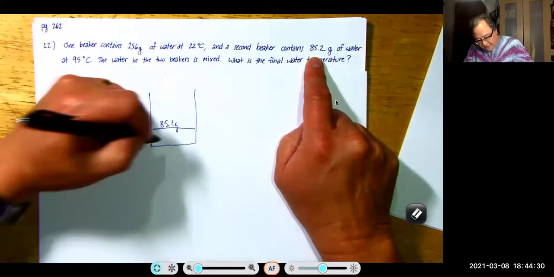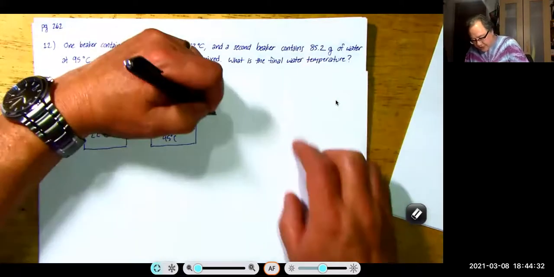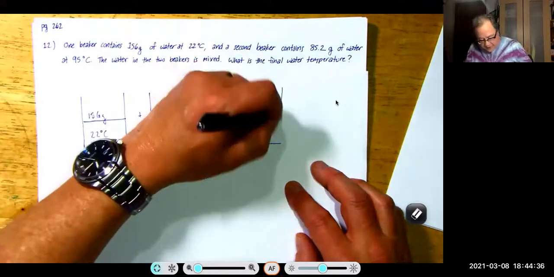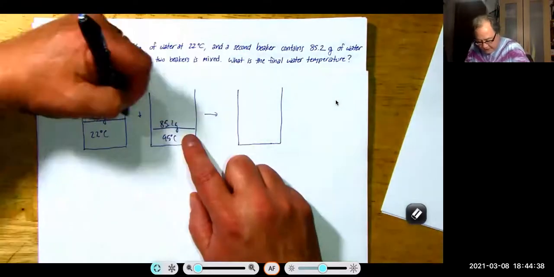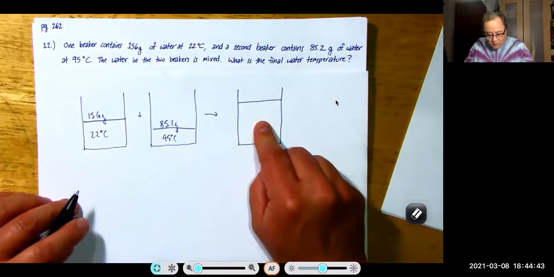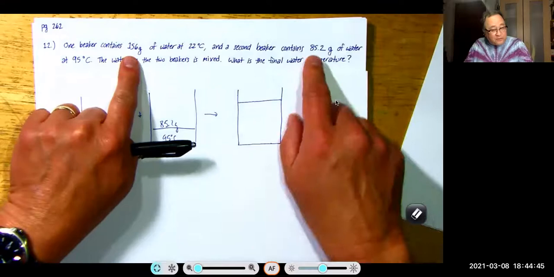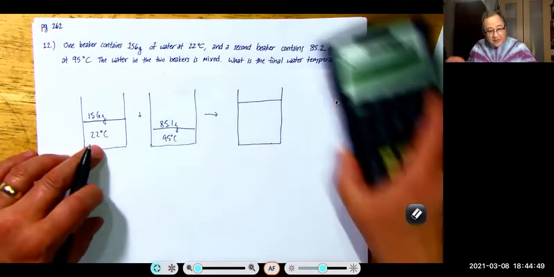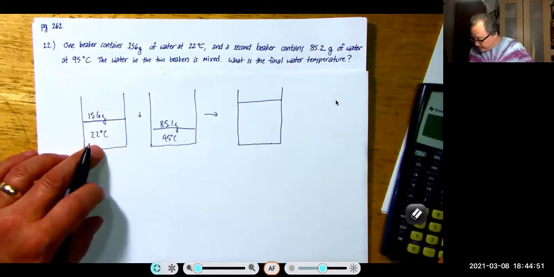And it's at 95 degrees Celsius. And you mix the 2 together. So when you mix the 2 together, it's going to be about here. And what is the mass going to be when you have 156 and 85.2 mixed together? Well, we just add those 2 numbers together and we should get close to 250, right?